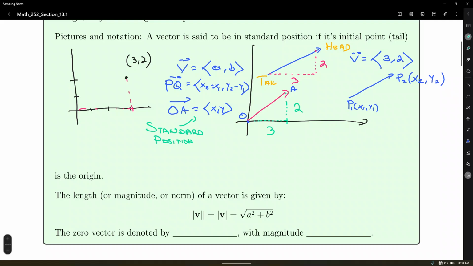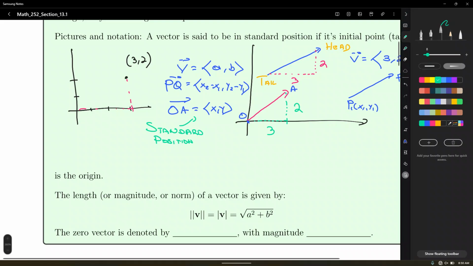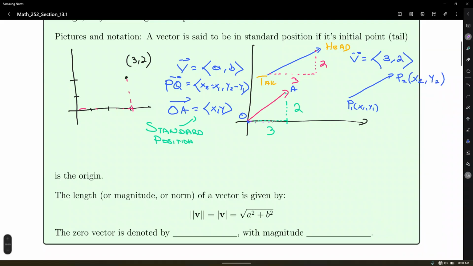Where is that coming from? Well, not surprisingly, x, y gives rise to a right triangle, isn't it? So really, this length of the vector is the length of the hypotenuse of the triangle formed by those two displacements in the x direction and the y direction. All right? And more notation.